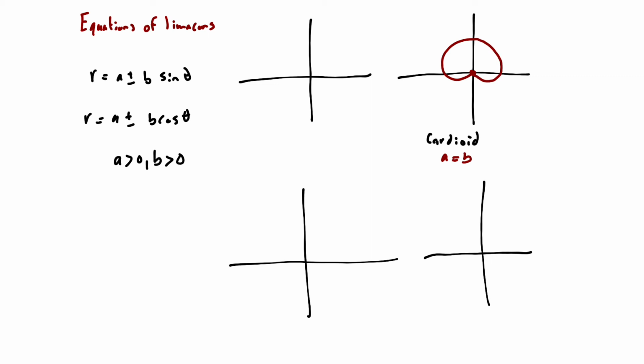Now, if we have that our a value is greater than b, then what happens is this dimple is pushed out. So our graph would look something more like this. And this is called a dimpled limacon.